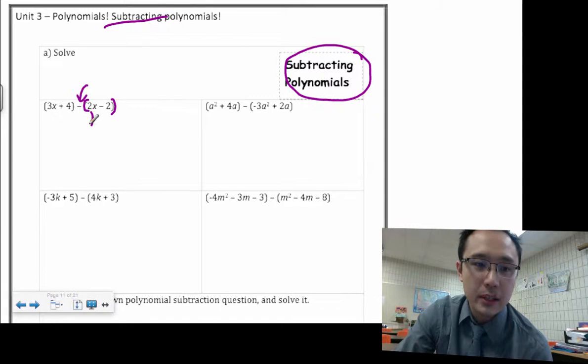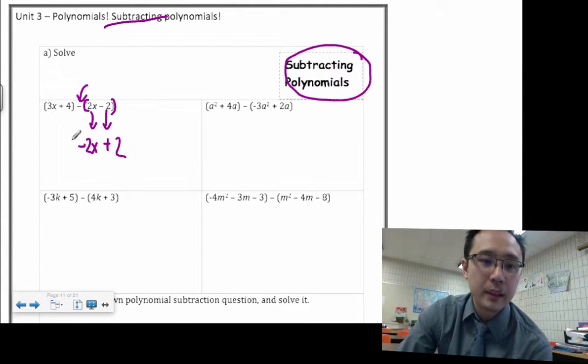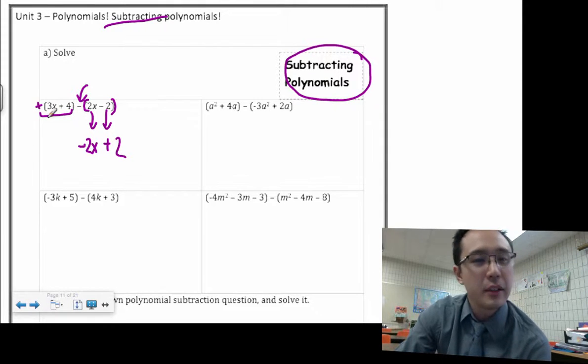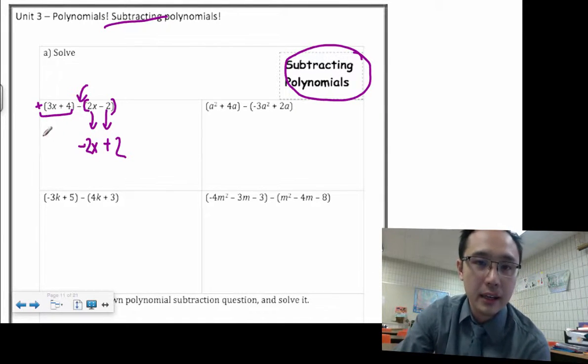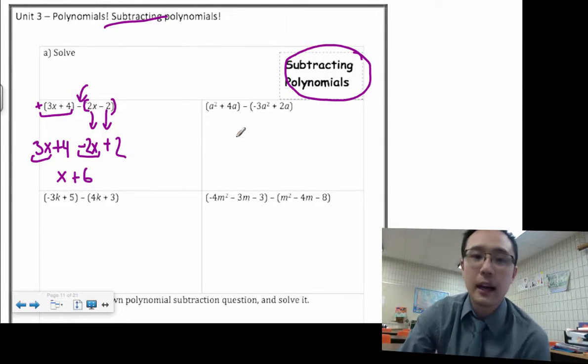So this was a positive 2x, and now it becomes a negative 2x. This is a negative, so that becomes a positive 2. The first bracket, however, doesn't have a negative sign in front. It still has an invisible positive sign, so everything stays the same. So that's 3x plus 4. Combine like terms, so 3x minus 2x, that's 1x, and then 4 plus 2 is plus 6.